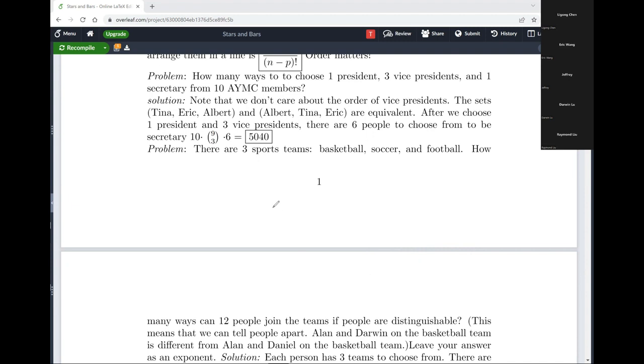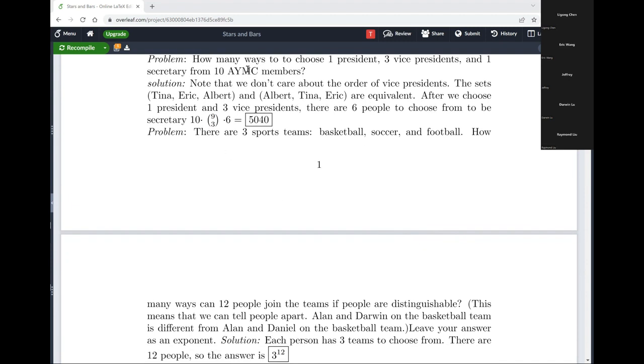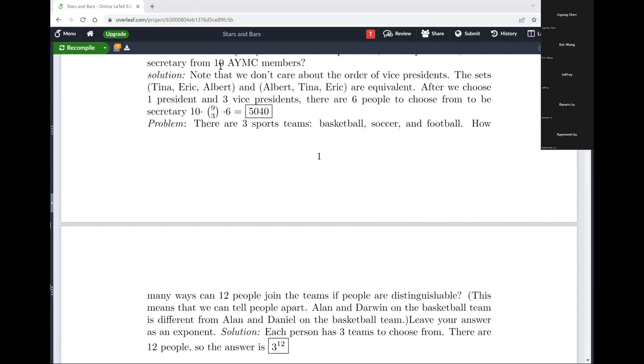So if we have 3 sports teams, let's go through the solution. Let's say our 12 people are person A, B, C, D, E, F, G, H, I, J, K, L. That's 12, right? Yeah.